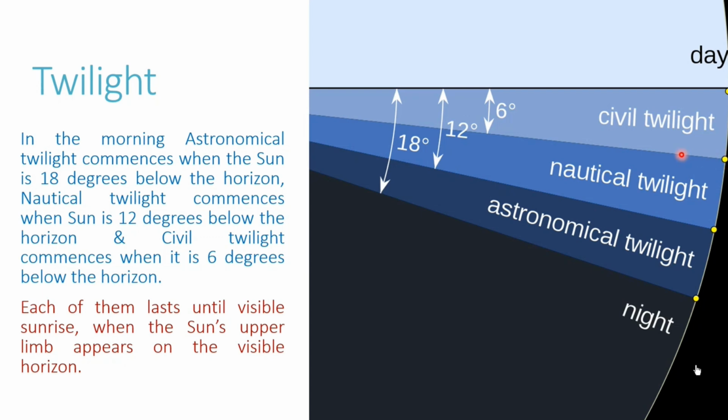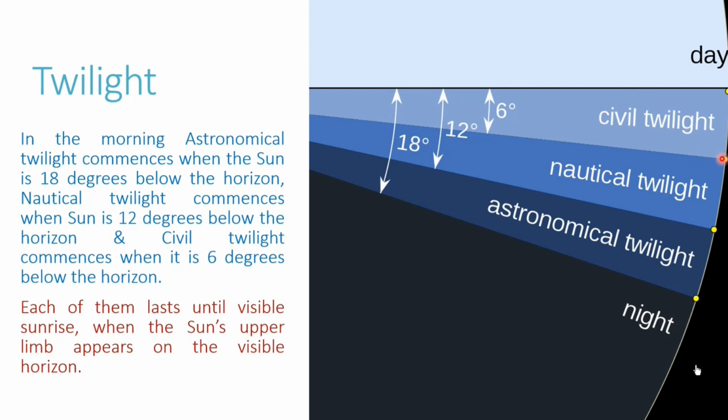Now, as the sun comes closer to the horizon from 18 to 12 and from 12 to 6, more and more light is visible on the eastern horizon. At the instant when it is just 6 degrees below our horizon, there is so much light on the eastern horizon that stars and other celestial bodies, stars as well as planets, start to disappear.